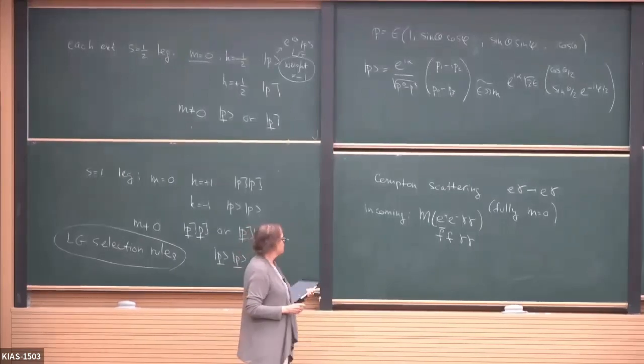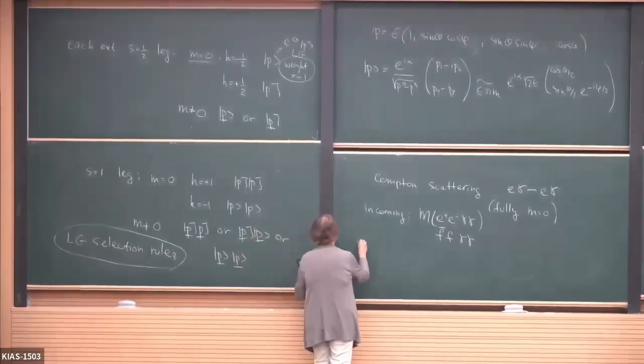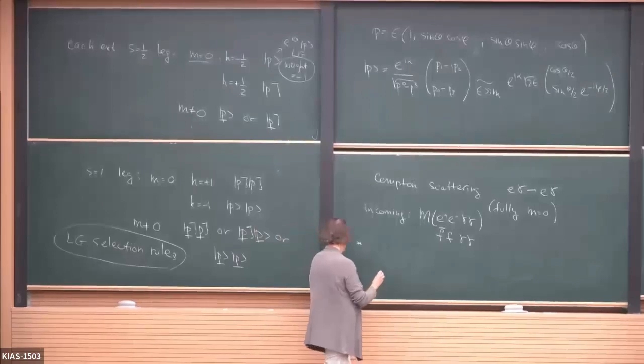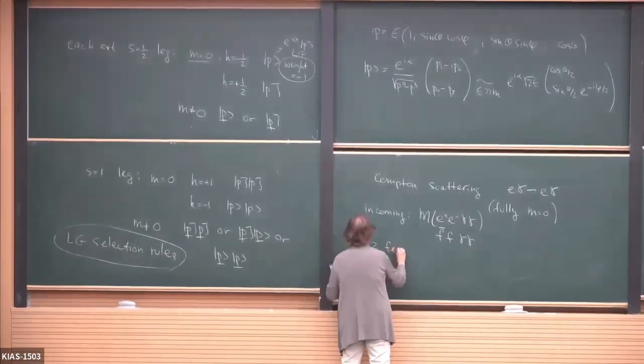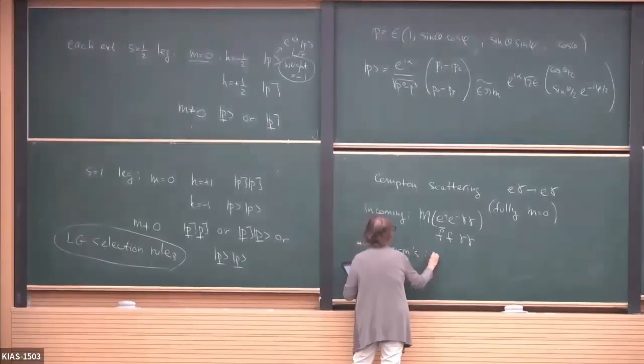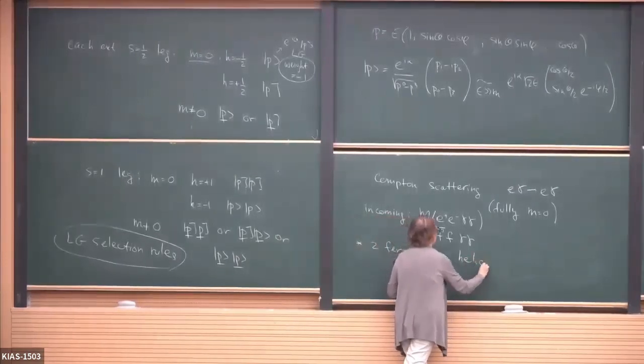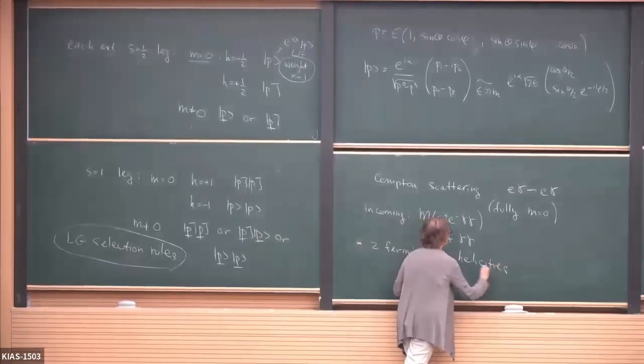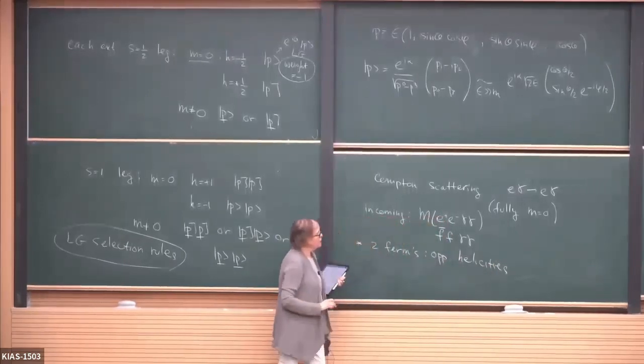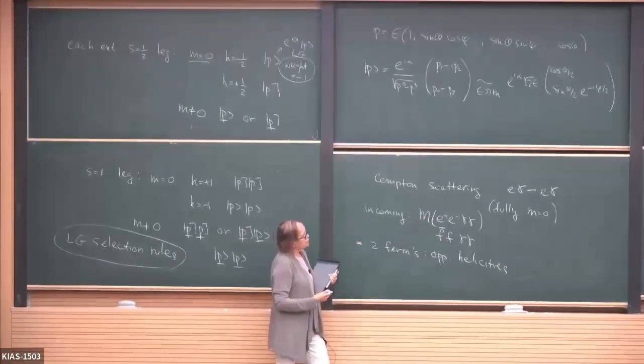So one thing that you can convince yourself of very easily is that the 2 fermions need to have opposite helicities. That should be immediate. And that's not surprising, right?